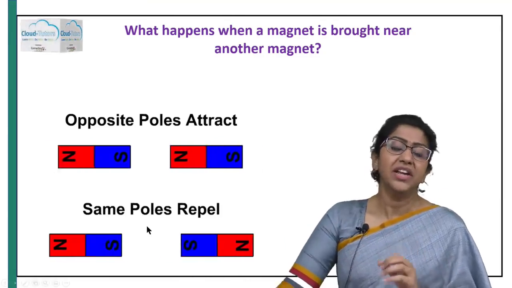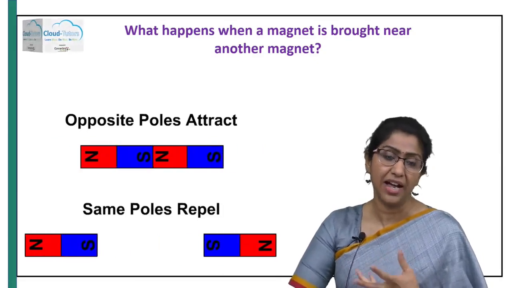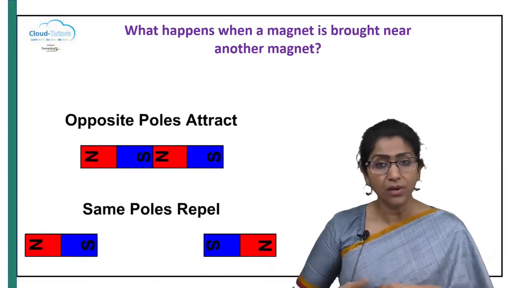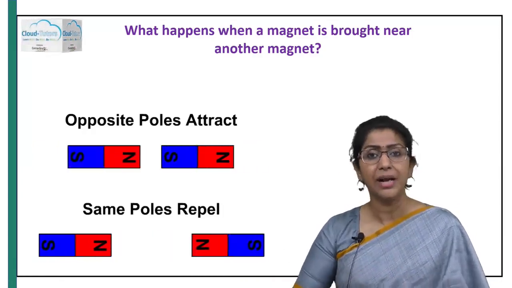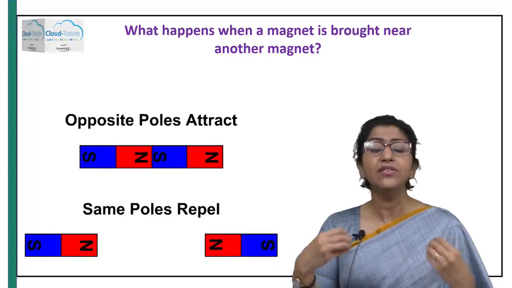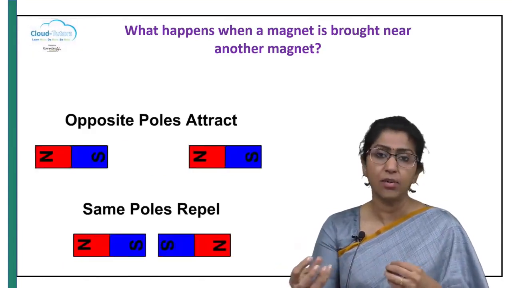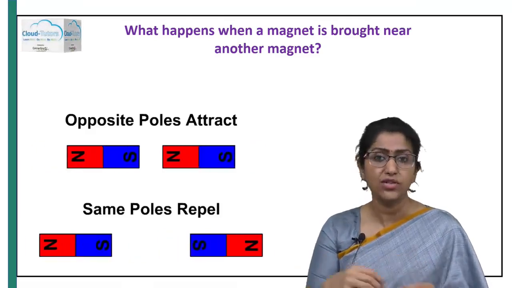Alright, now that we have understood a little bit about magnets, we should understand the fact that there is some kind of surrounding around the magnet, basically the field around the magnet, within which the magnet influences things like iron or any other objects which have magnetic properties. It basically attracts or repels.